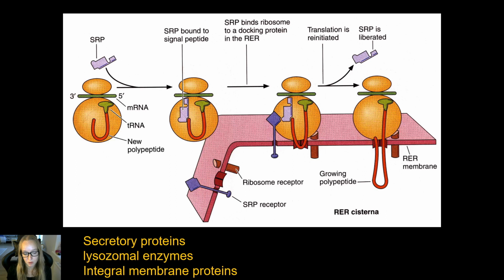Or integral membrane proteins. These three types written right here, secretory proteins, lysosomal enzymes, integral membrane proteins, are very important, and you should remember them, because these proteins are made on the ribosomes that are attached to endoplasmic reticulum, that are attached to its membrane, like this.